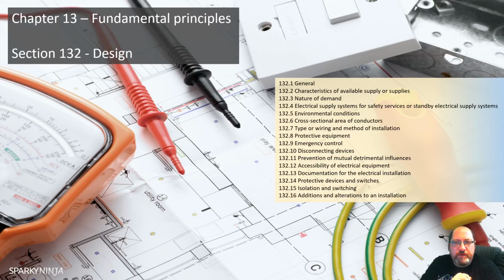Adding a demand, increasing IB, that increases volt drop. Any of these things could make the system less safe if it was already not compliant. And we would sometimes have to improve measures to make it compliant for us to do our work. So that's what they're saying. We need to verify that the ADS and all the other protective measures we choose to use are going to be safe for our additions and alterations.